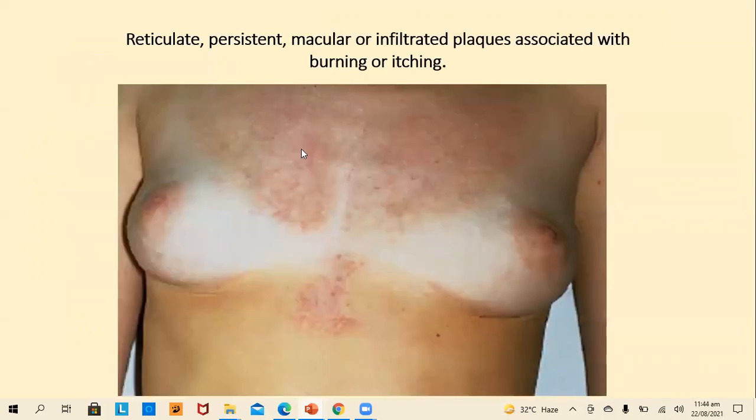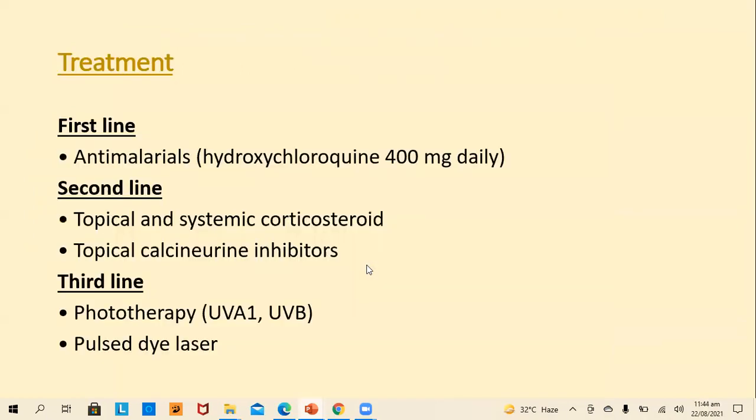The reticulate persistent macular or infiltrated plaques are associated with burning or itching. The treatment ladder. First line treatment is the anti-malarials, hydroxychloroquine 400 mg daily. Second line include topical and systemic corticosteroids, topical calcineurin inhibitor, and third line include phototherapy, UVB or UVA, and pulse dye laser.